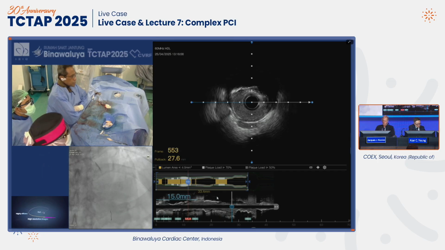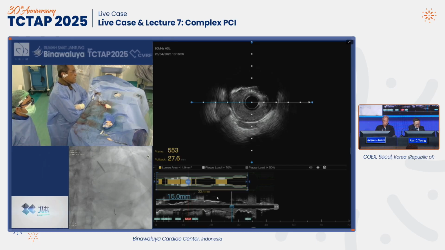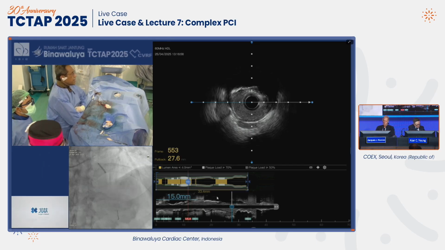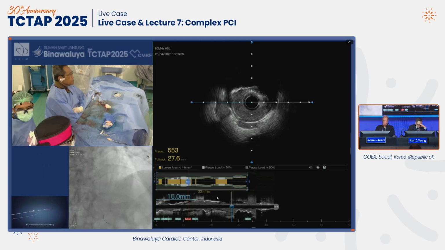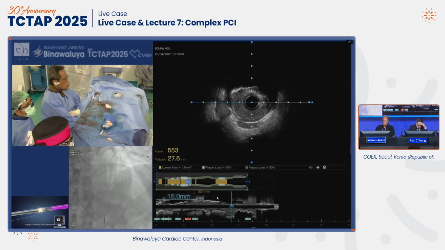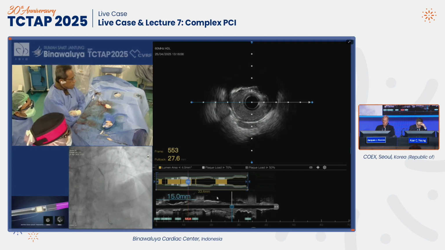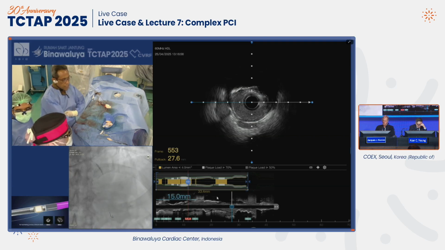The important thing for the cutting balloon is that we want to have controllable dissection, especially in the bifurcation of the diagonal with the 2.5 millimeters. Can we have the angio, please?